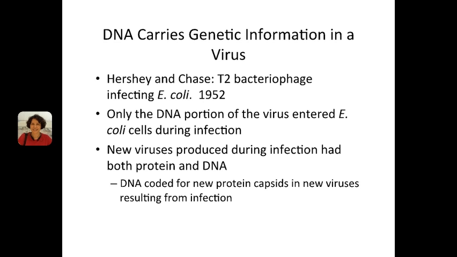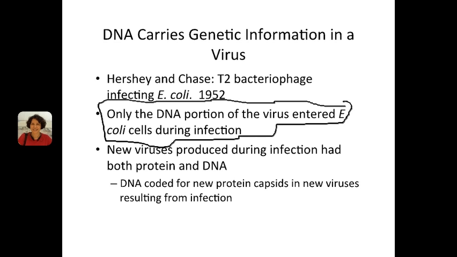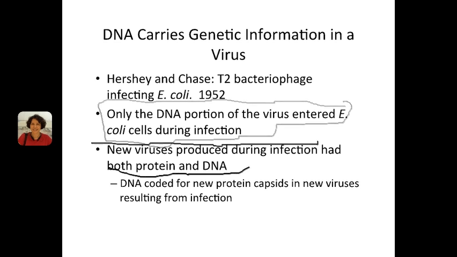They found in their experiment, so these are just their general results, that only the DNA part of the bacteriophage was entering the cells during the infection. They observed that when new viruses were produced during an infection, they would have both protein and DNA.